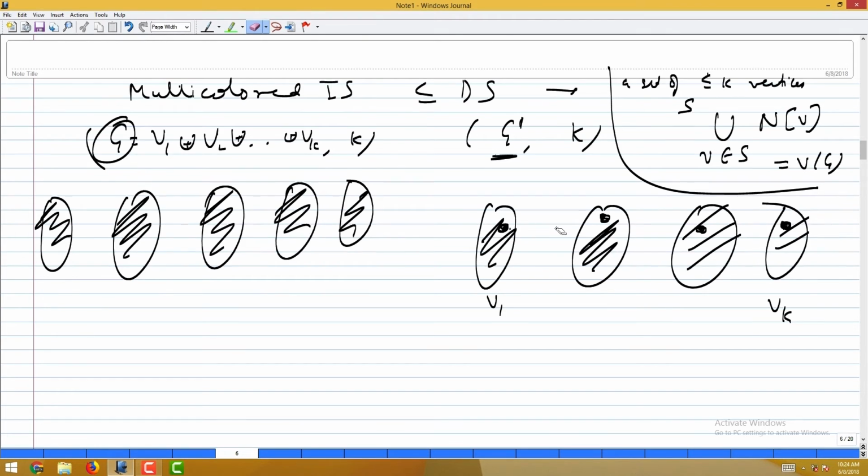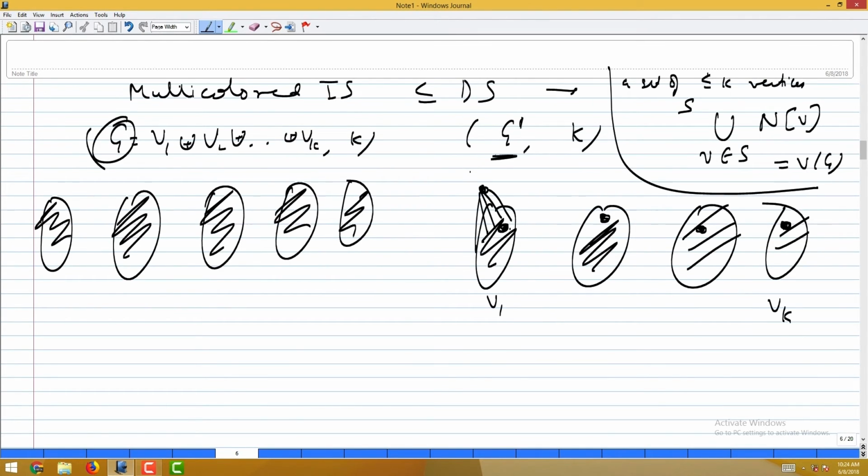So for example, suppose for every color class I add a new vertex here and I make it adjacent to everything here. So now this is my new graph. In this new graph, this vertex also has to be dominated. Who is going to dominate this vertex? Either you pick this vertex or something from here, right? So now if I don't pick anything from here, then I have to pick this vertex, right?